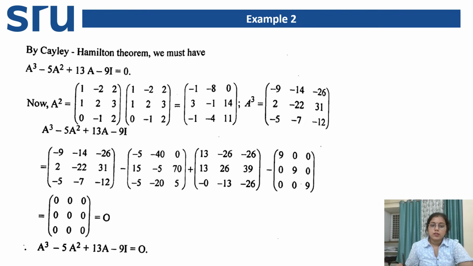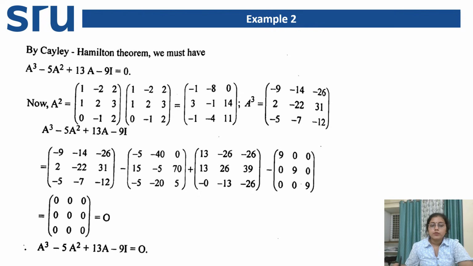There is nothing to discuss here, because I already discussed in the previous example how to verify that. Simply you have to put A cube, A square, A in the place of these in this equation, put all the values and do the calculation, and you get 0. For A square, simply multiply A with itself, so you get A square.